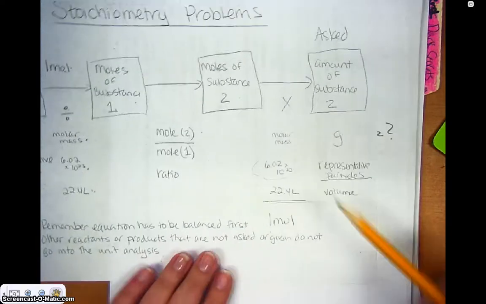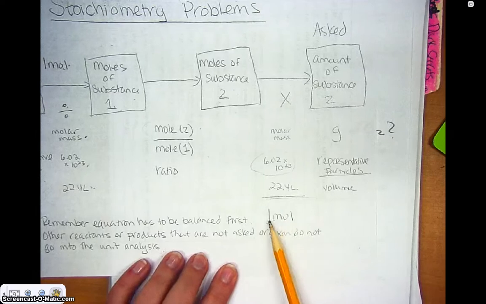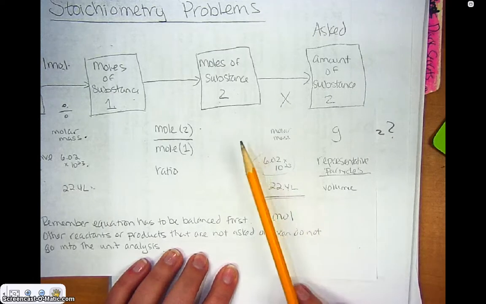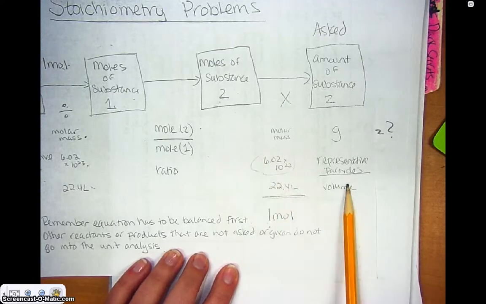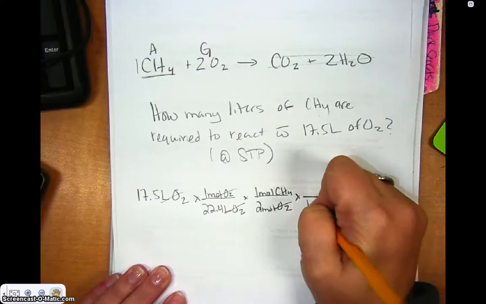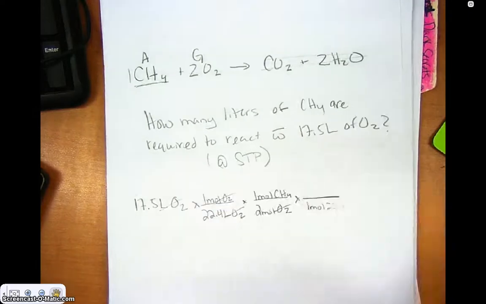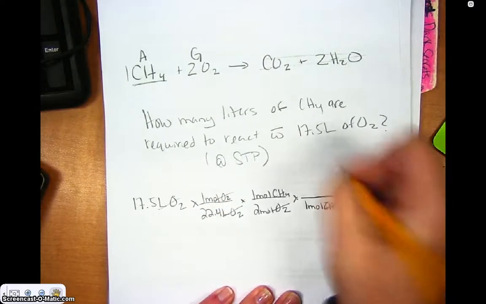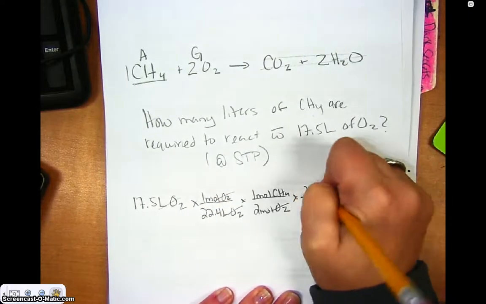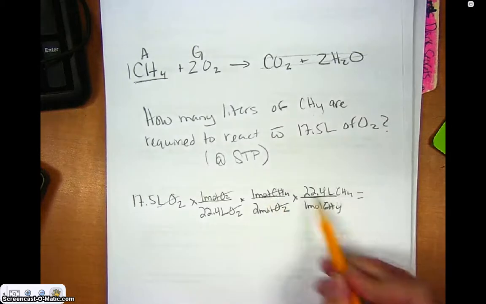So again, I'm going to use the same conversion factor here, that 22.4 liters is a mole at STP, so that I can go from moles of that substance to the volume of that substance. So 1 mole of CH4 is 22.4 liters of CH4. Okay, and so moles will cancel.